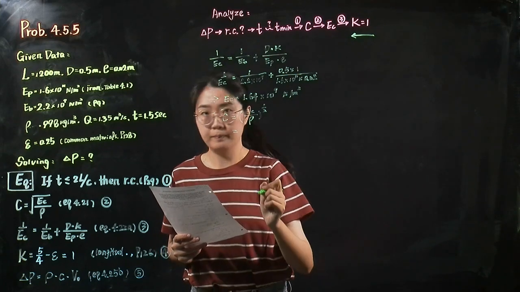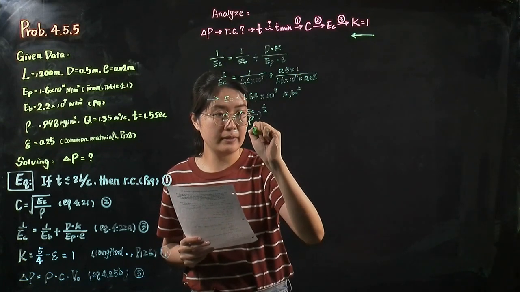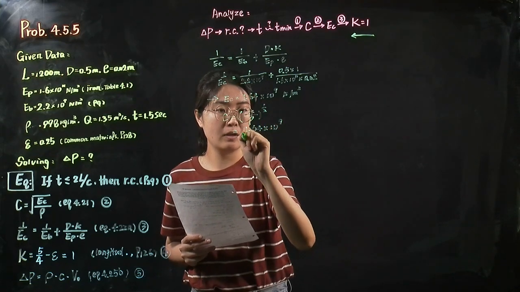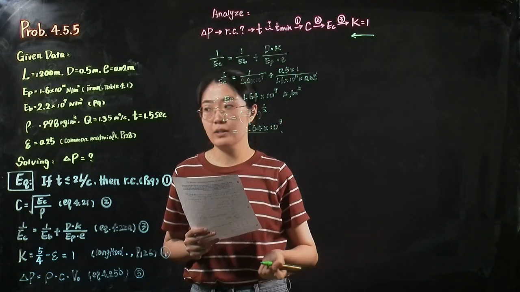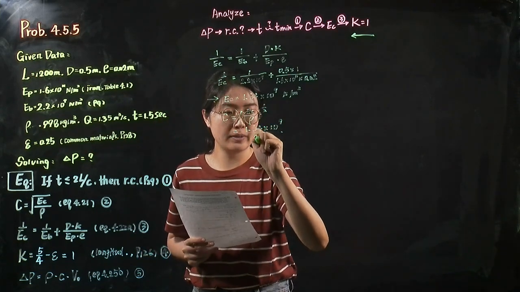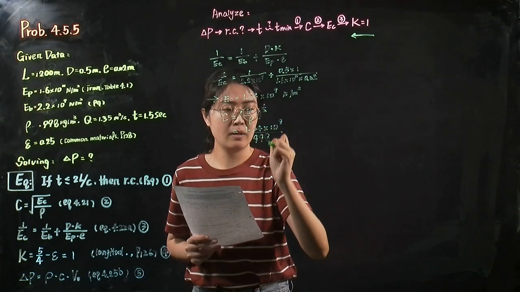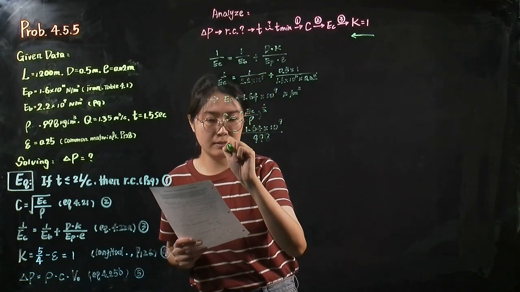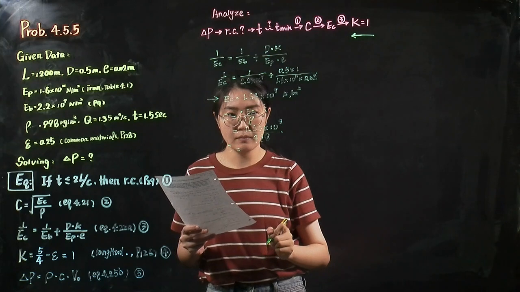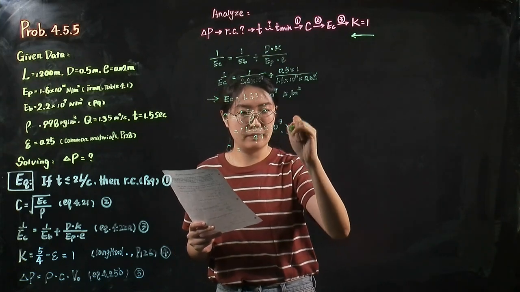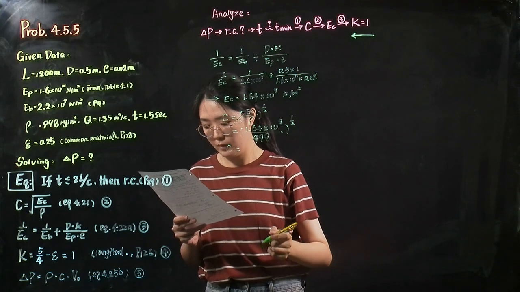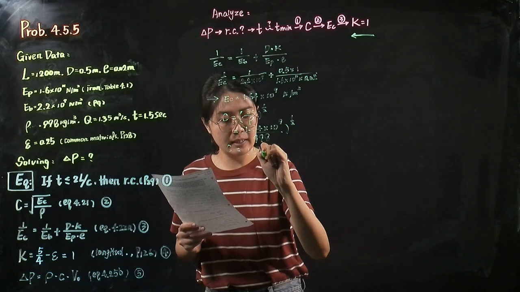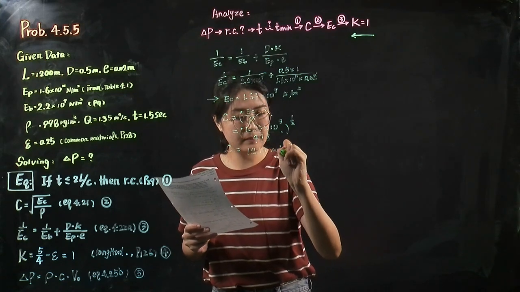It equals 1.64 times 10 to the power of 9 over the density of water, which is 998 kilograms per cubic meter, and the celerity C equals 1,280 meters per second.